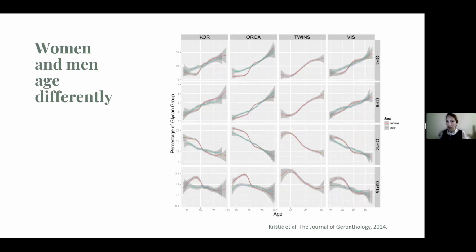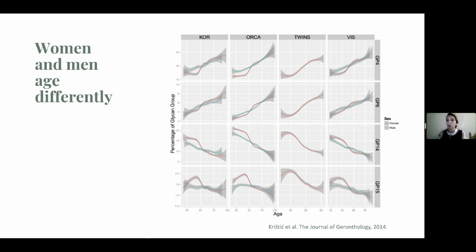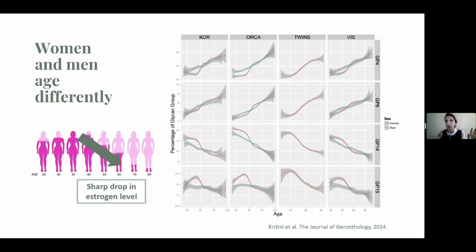One of the things that contributes to very high interpersonal differences is actually our biological sex. And we can see that women and men actually age differently. So these are pro-inflammatory glycans up here. These are anti-inflammatory glycans.